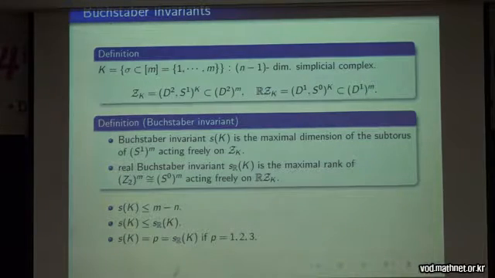Similarly, we can define the real Buchstaber invariant SRK as the maximal rank of Z2 to the M acting freely on RZK.